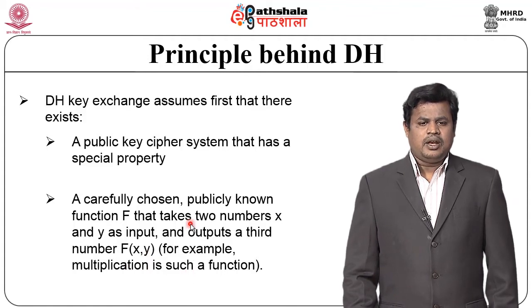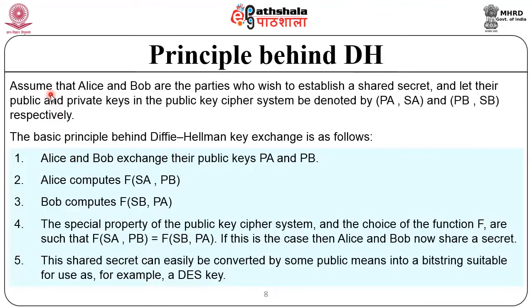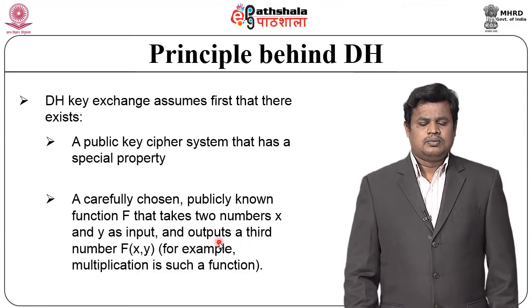So when I want to use the public information, I use this publicly known function that takes two numbers x and y as input and outputs a third number f(x, y). From the basic principle, we choose x and y as input and get the third number as output.